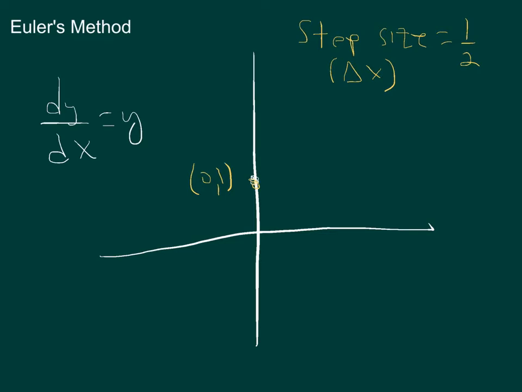And I think about a little segment here with a slope of 1. If I went over a half, then I would go up a half as well. And that would put me now at the coordinate (0.5, 1.5).